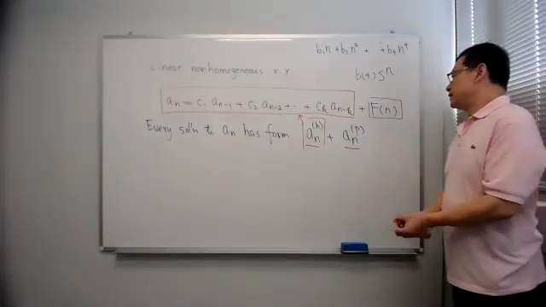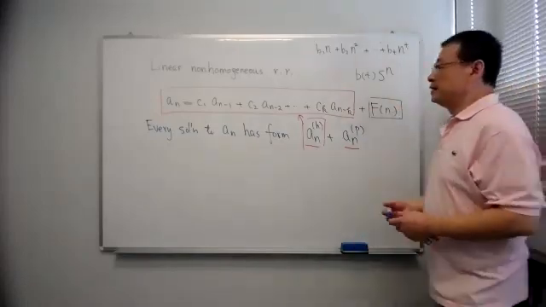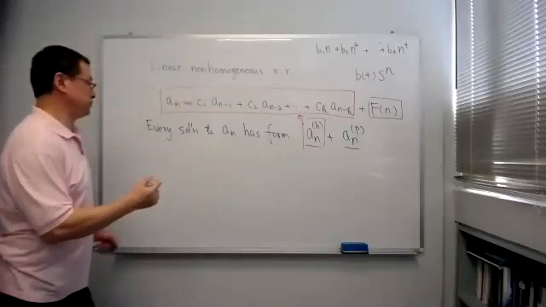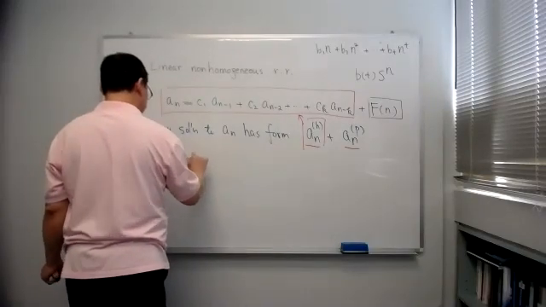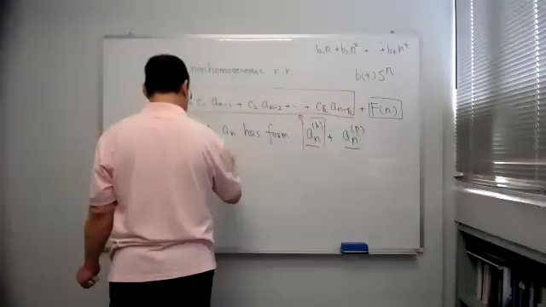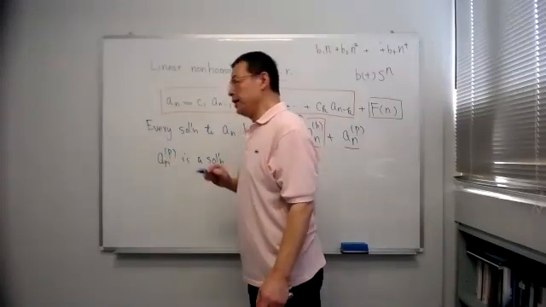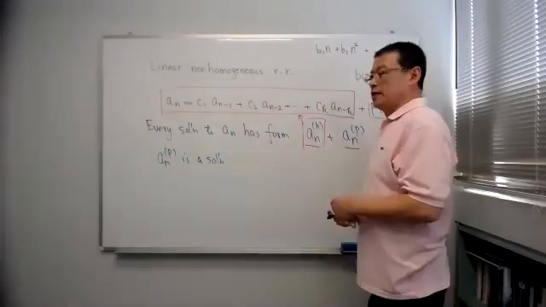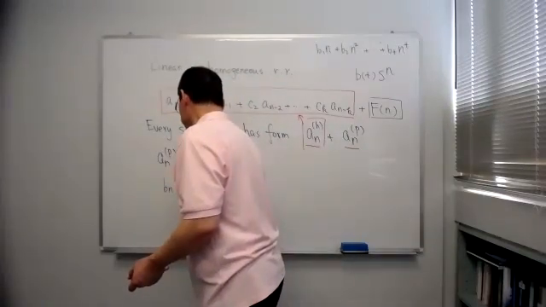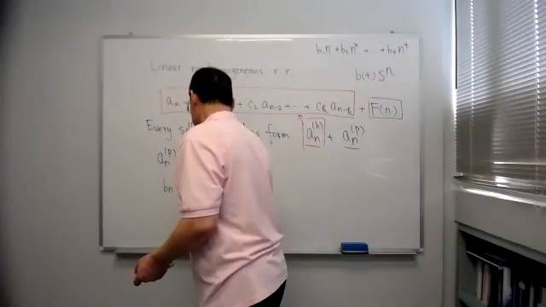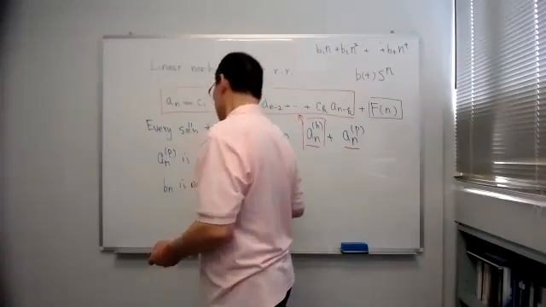Suppose we have a solution for the whole thing. So suppose this one has a solution. Now suppose we have another solution, b n.